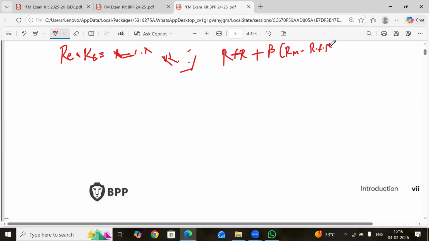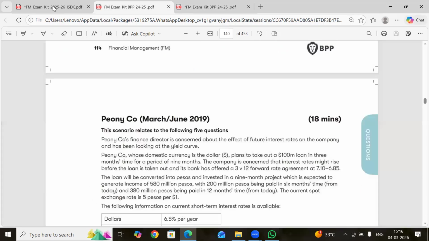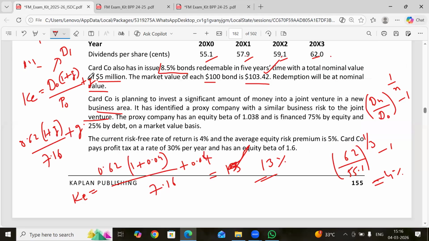For this formula, we require this project specific beta. For finding out this project specific beta, we will take a company as our base. Okay. So for that, they are giving some data here. Please understand. So card company is planning to invest, everything is given. The proxy company has an equity beta of 1.038.